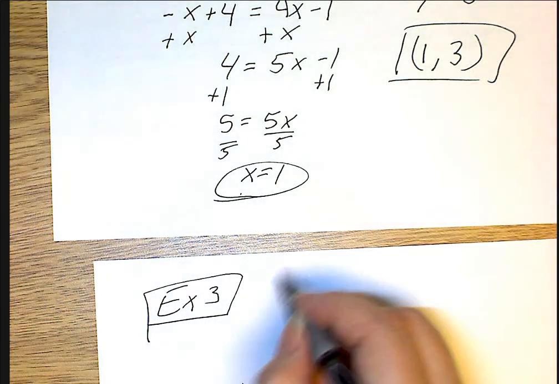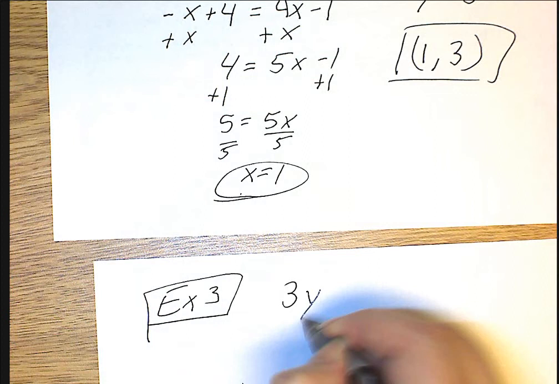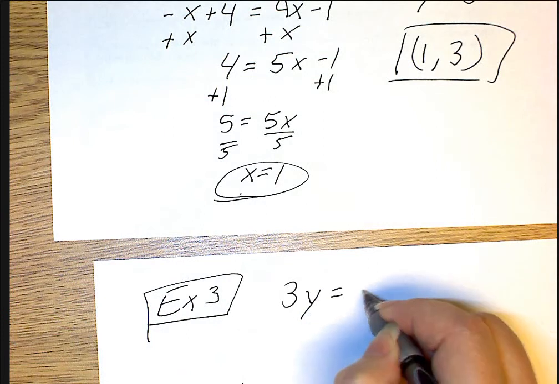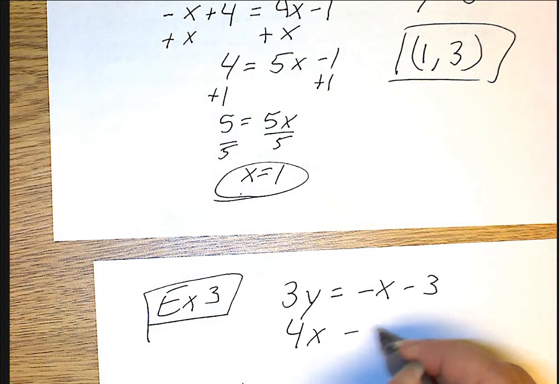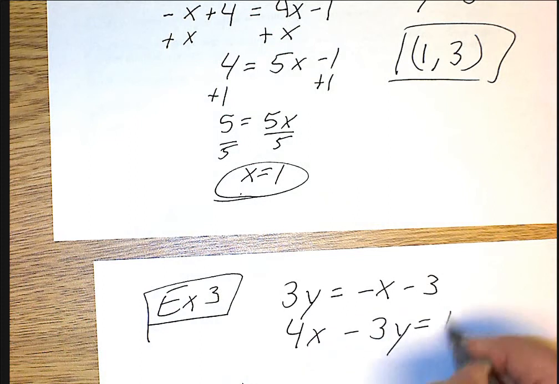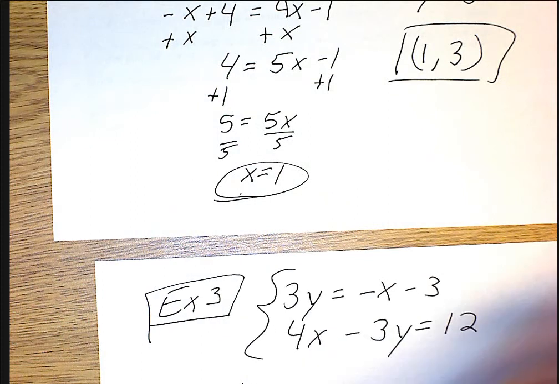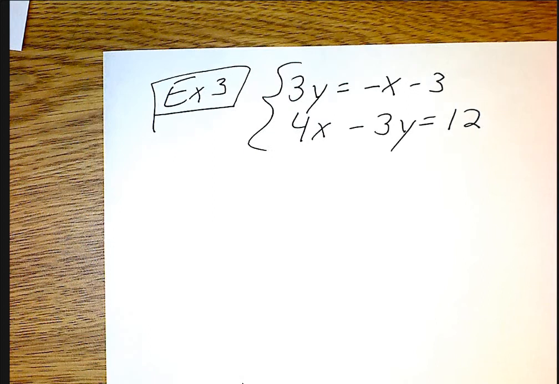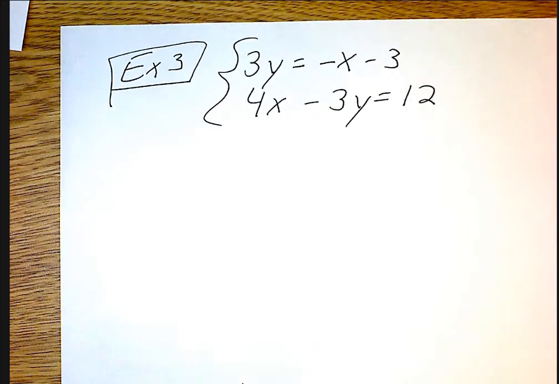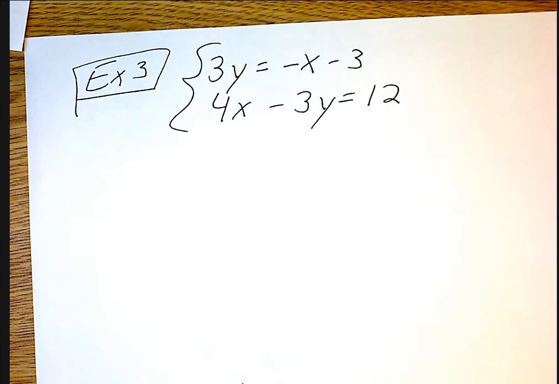We have 3y is equal to a negative x minus 3 and 4x minus 3y is equal to 12. Lincoln, do you have the top one? Okay. So, we are still using substitution to solve the system. Before we can use substitution, we have to get one of the variables by itself.